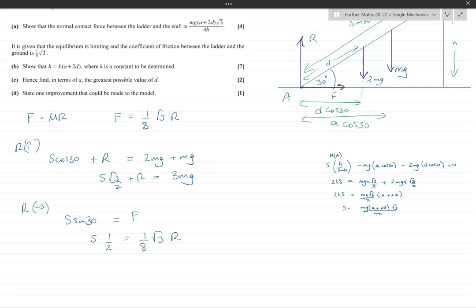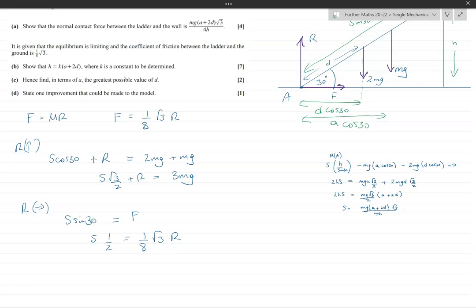Right, so we can substitute for R in either of these expressions. Let's substitute R from the other side.